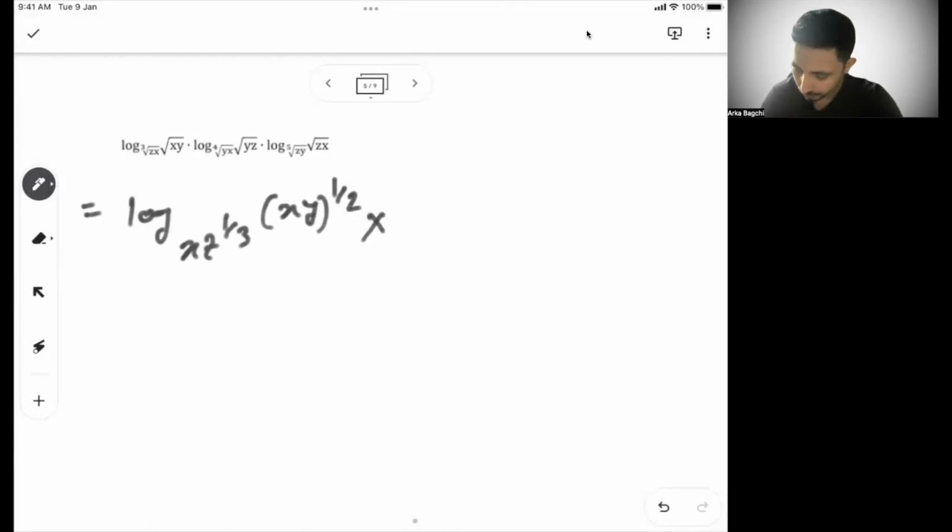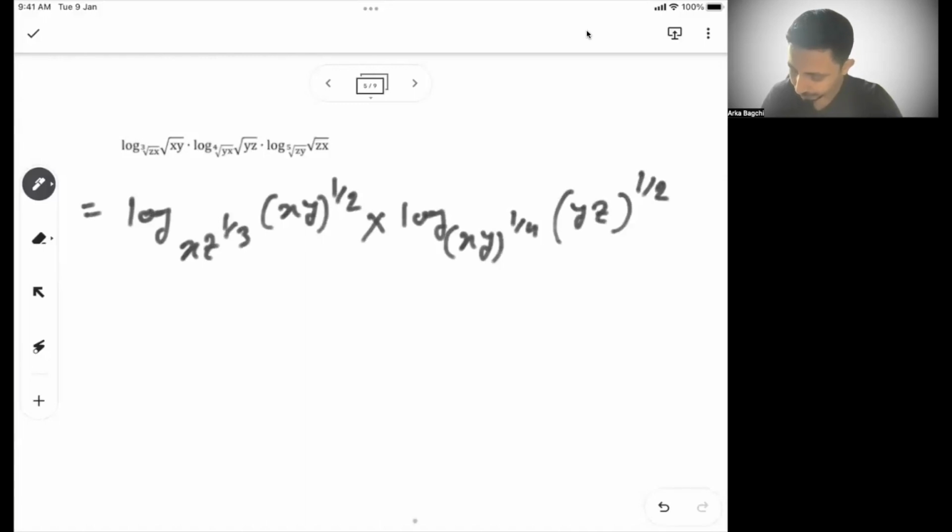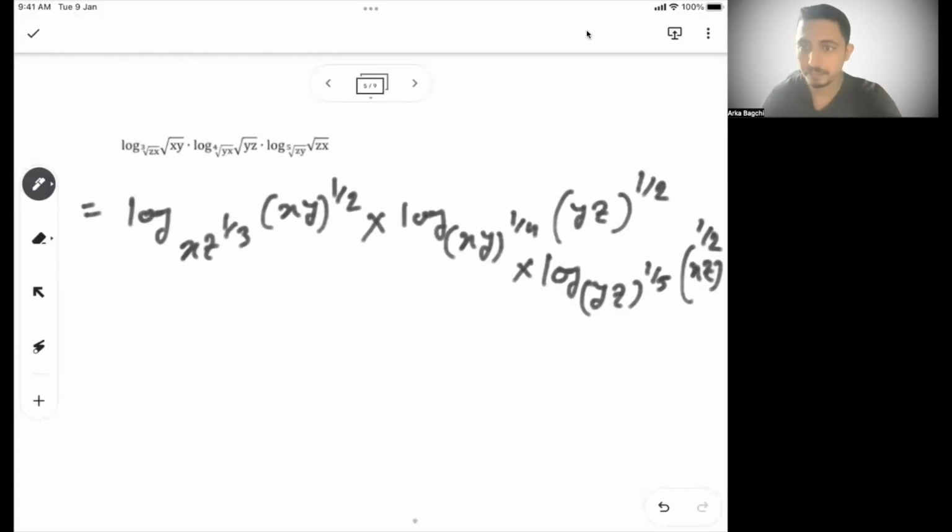Similarly, multiplication, log of xy to the power 1/4, and you have yz to the power half. And the last one, log of yz to the power 1/5, xz to the power half. So this is given. So from the first one, what will come out?